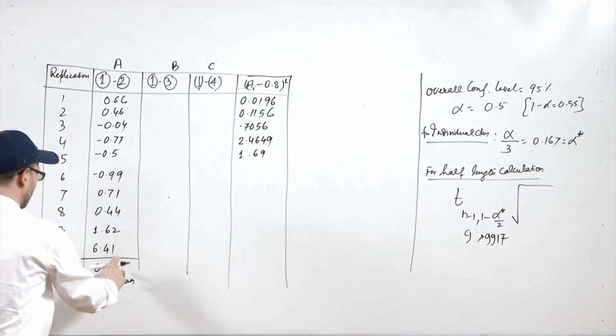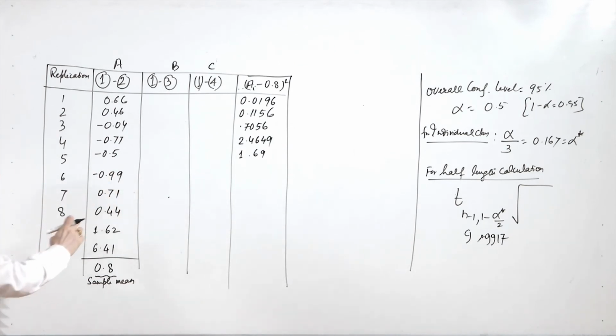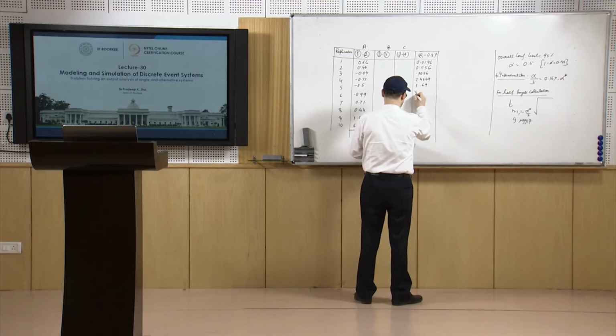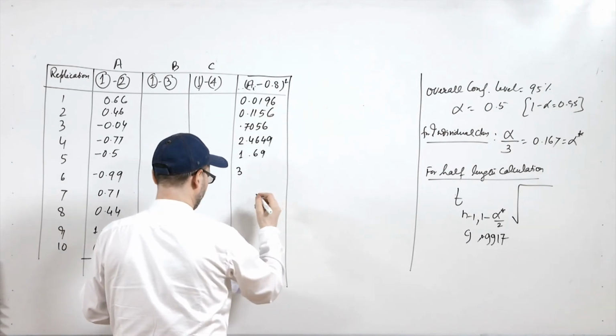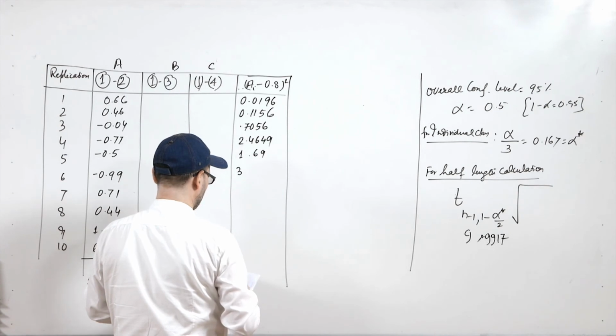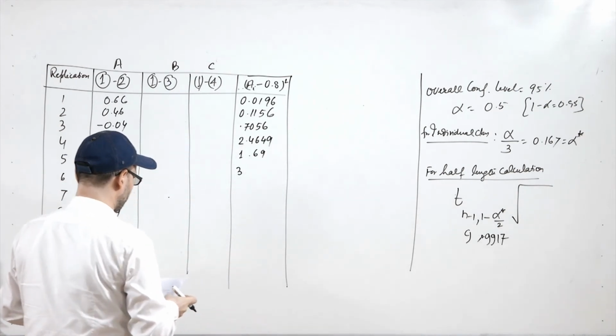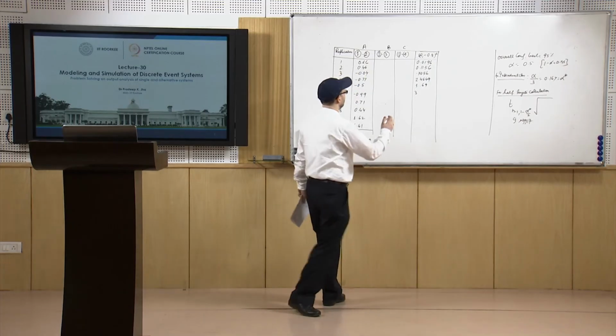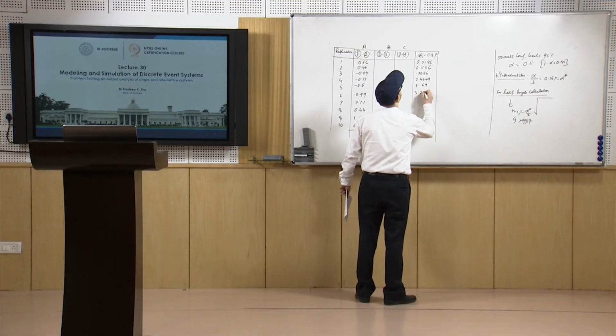Again, minus 0.99 minus 0.8, so it will be minus 1.79, and that squared will be again 3.2041. Sorry, it was minus 0.99. So, it will be again 3.2041, it is right.